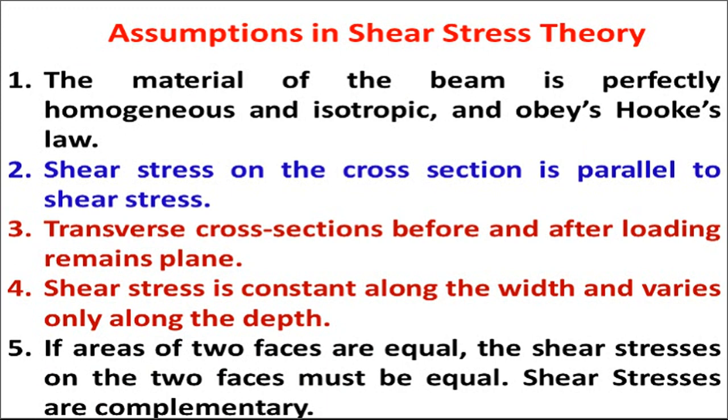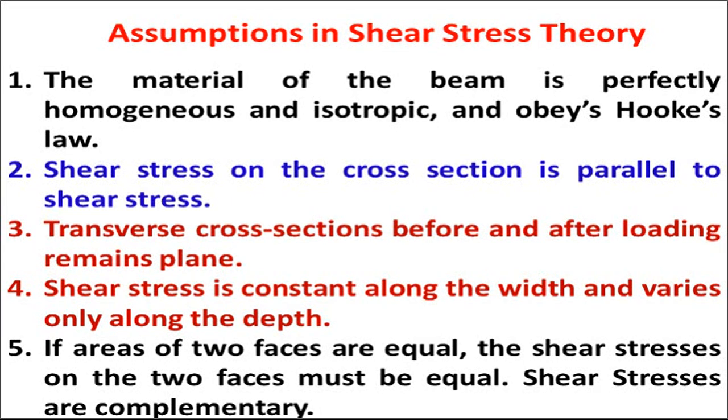Now there are a few assumptions in the shear stress theory, just like bending theory. So what are those assumptions? A few assumptions are common. First, the material of the beam is perfectly homogeneous, isotropic, and obeys Hooke's law. Shear stress on the cross section is parallel to the shearing force. Transverse cross section before and after loading remains plane.